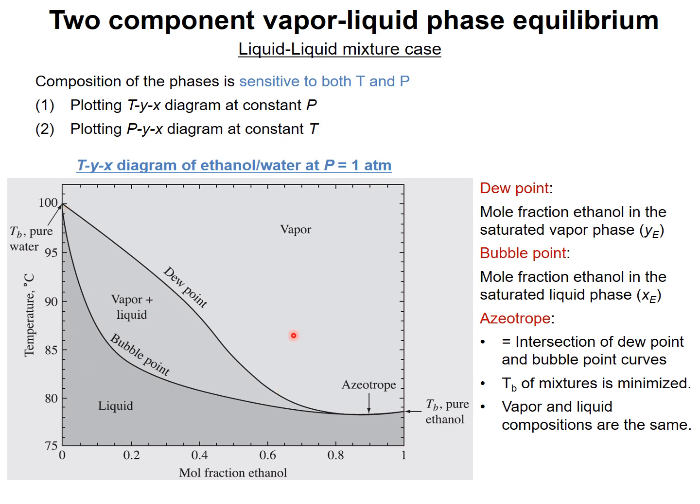Here's the example of the vapor-liquid phase equilibrium diagram. Of course, that is the temperature and composition diagram. This is about the ethanol and water mixture at pressure equal to 1 atm. So the x-axis is the mole fraction of ethanol and the y-axis is the temperature. So this is the temperature composition diagram at constant pressure.